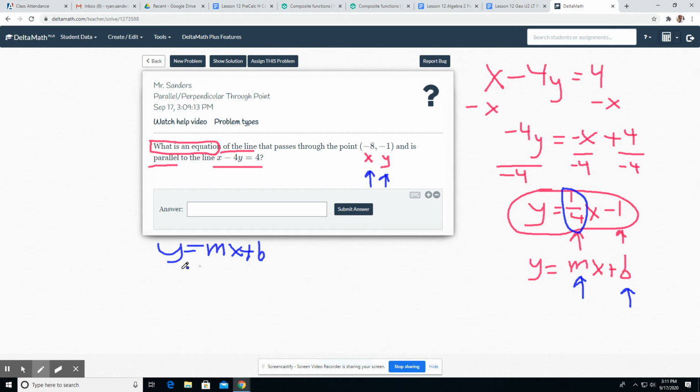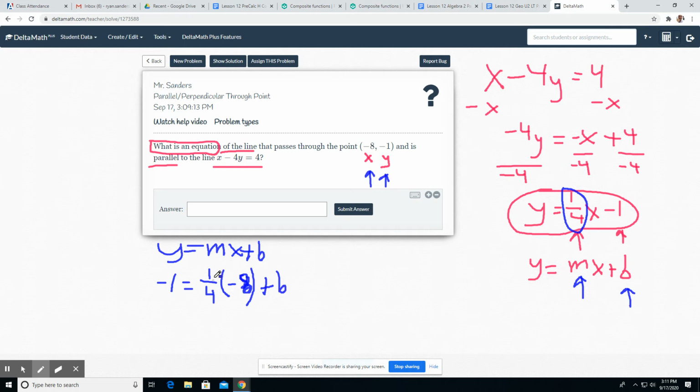y is -1, so -1 equals m, which is 1/4, times x, which is -8. It's an ugly 8, but it's a -8. Plus b. When we have that b, we'll be able to plug in m and b, and we're done.